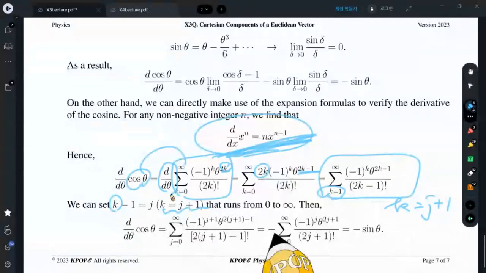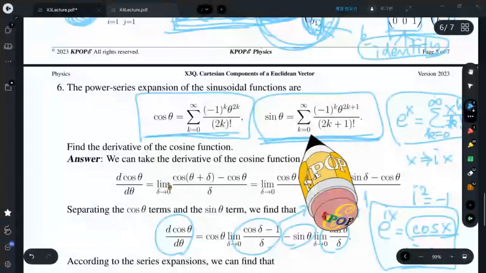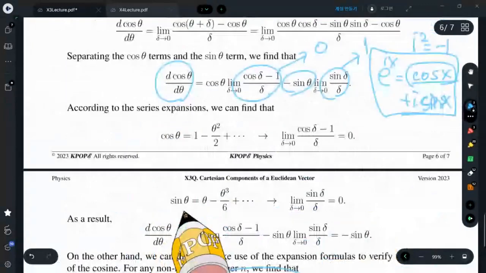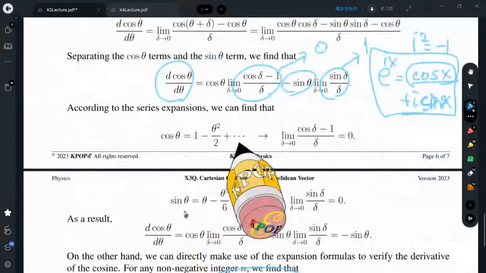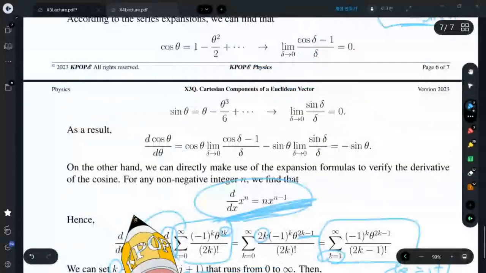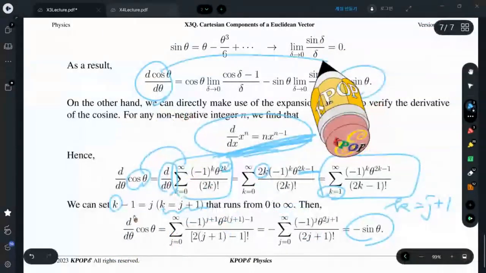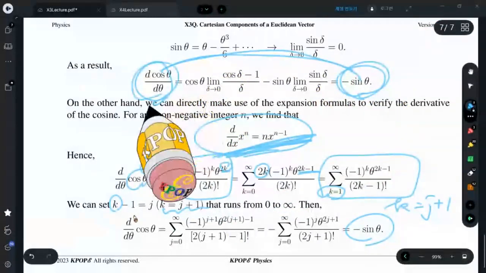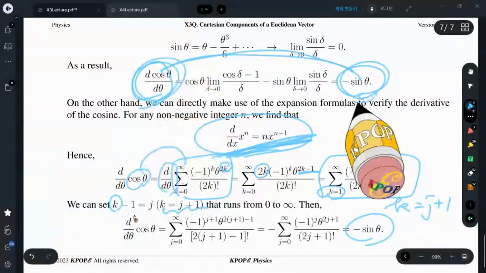Finally, this sum is identical to sine, with the negative sign on it. So either way, you just memorize how to compute it, or at least you must know this formula, whether you can prove it or not. If you don't understand, you will learn later in a mathematics class, but at least in a physics class, you must know the answer.